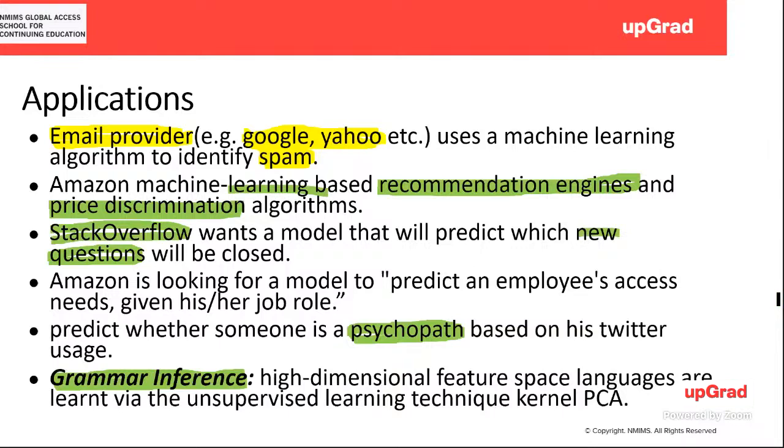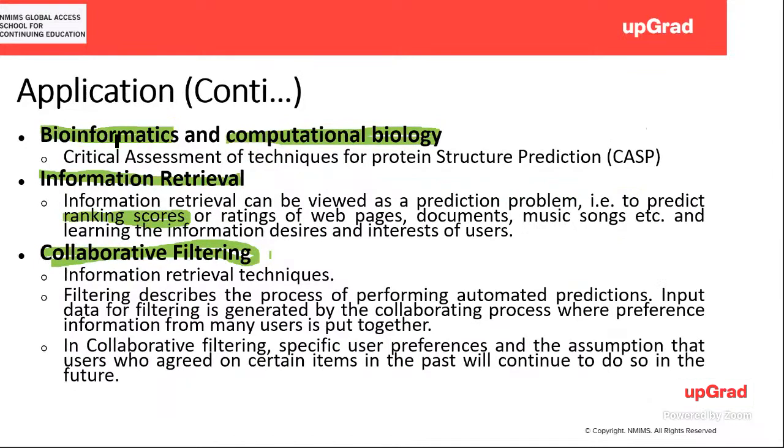All these things come under machine learning, okay? And this machine learning that we are going to learn is based on data again. All the things that you have seen: email spam detection, recommendation, price discrimination, predicting the next question, predicting the grammar or inferences, like nowadays Google recommends sentences for email, right? Similarly bioinformatics, information retrieval, collaborative filtering, also sports analytics.